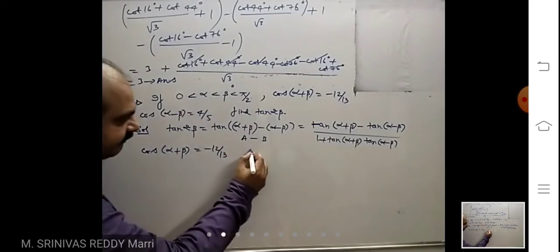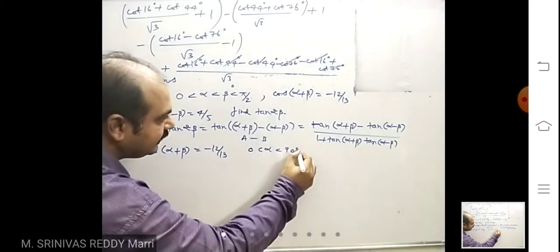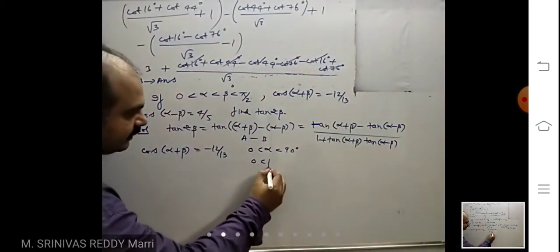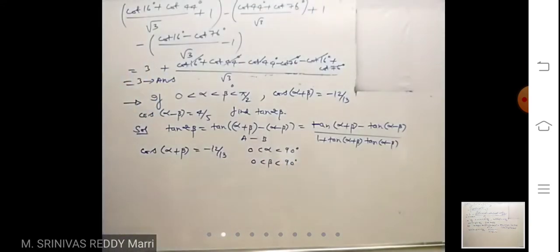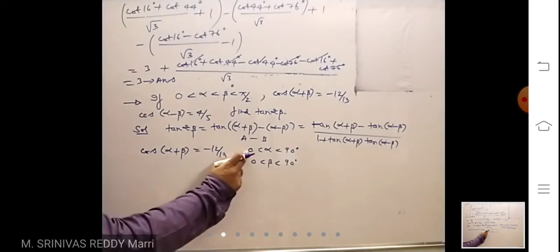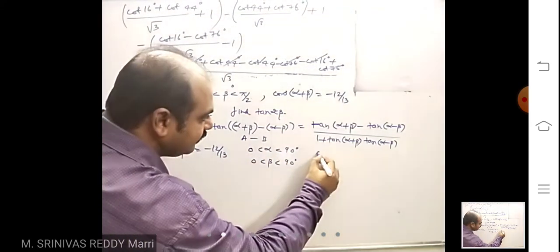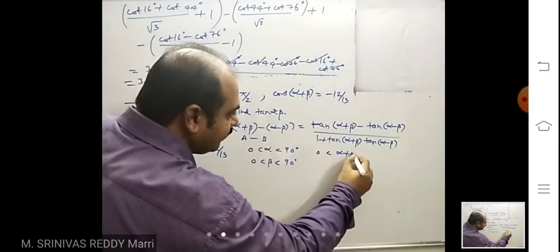Look at what is given: alpha lies between 0 and 90 degrees, and also beta lies between 0 and 90. Then what is the least value of alpha plus beta?